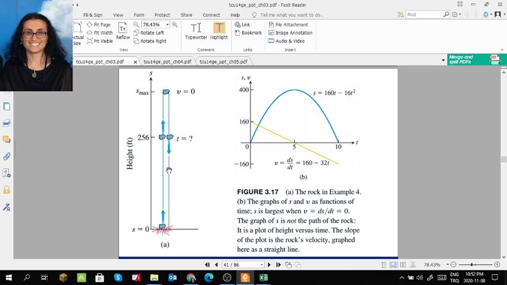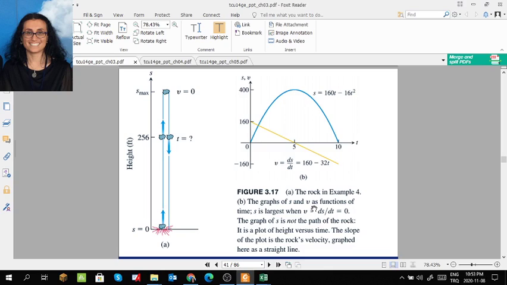When it's dropping down, its velocity is going to increase, and the question is at what time it's going to be 250 feet high if you throw the rock from the ground and wait for it to come down. That's example 4. One can take a look at that. Let's see B.